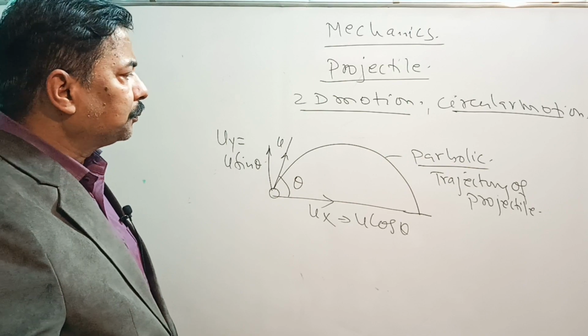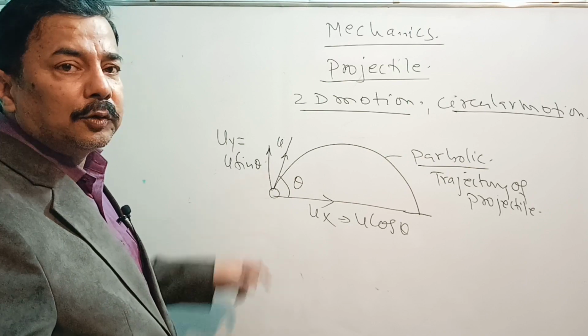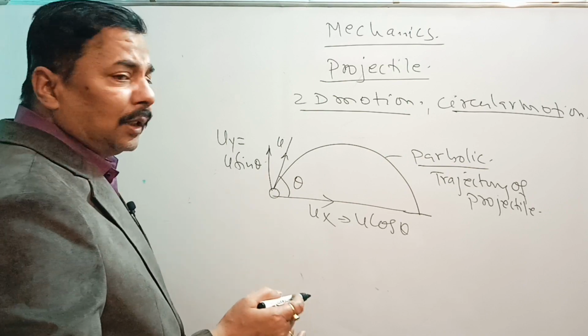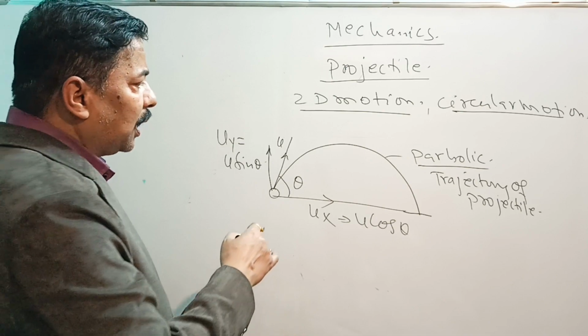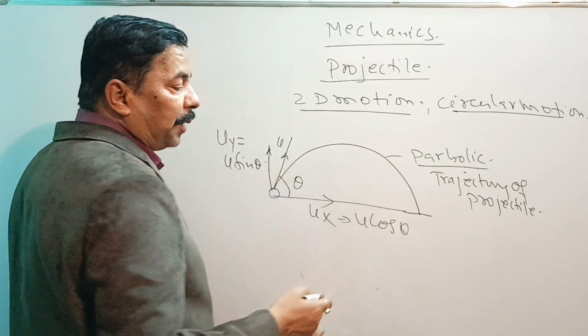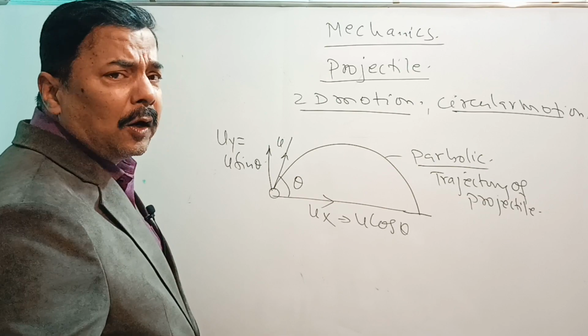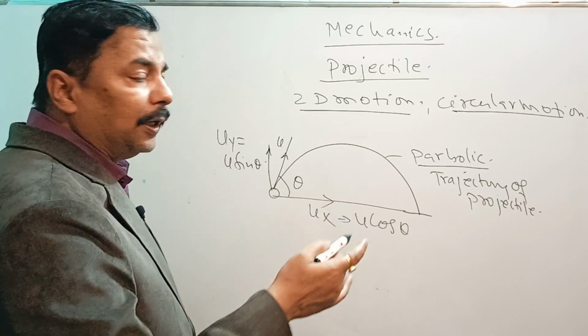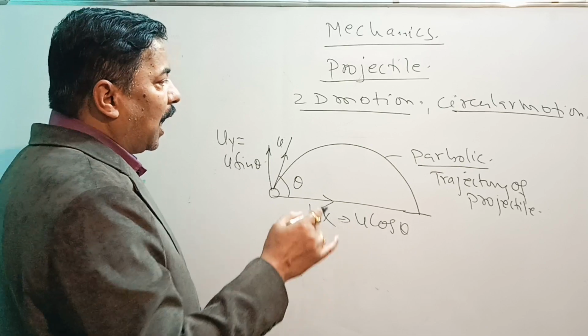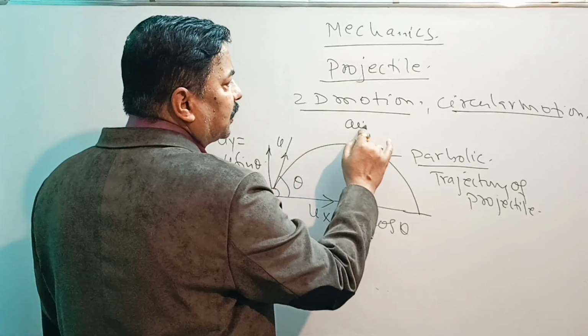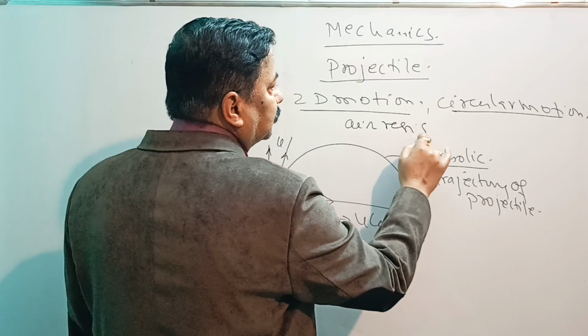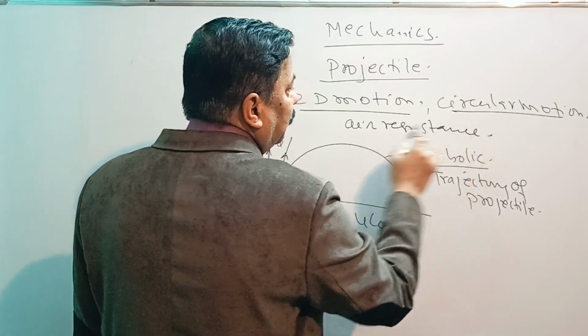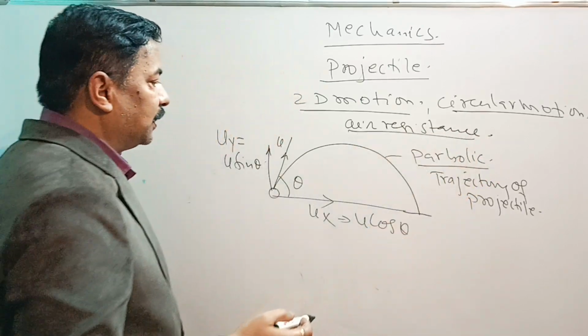There is no extra power that is being provided to the projectile. If the crow has taken this path, then it cannot be taken as the projectile. It should fall freely into the air, and we ignore the air resistance.